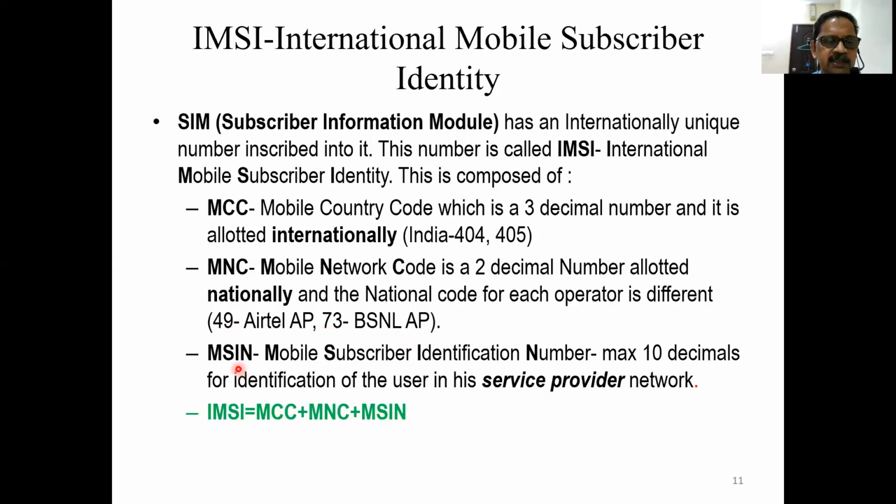Then the third part is MSIN, which is nothing but a serial number, Mobile Subscriber Identification Number. It can have a maximum of 10 decimals for identification of the user in his service provider network.